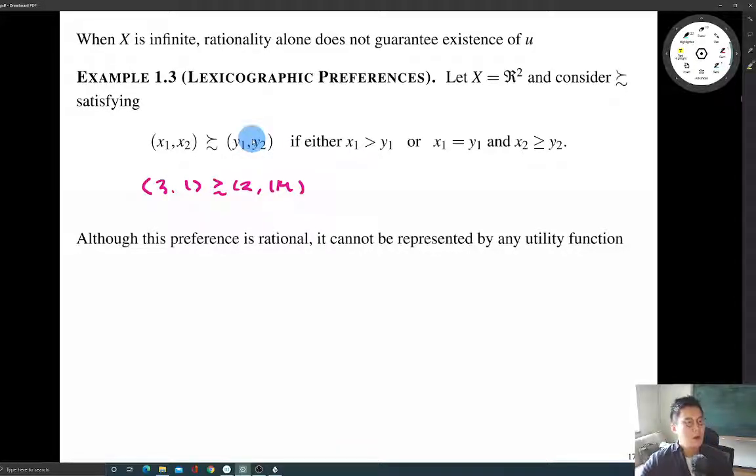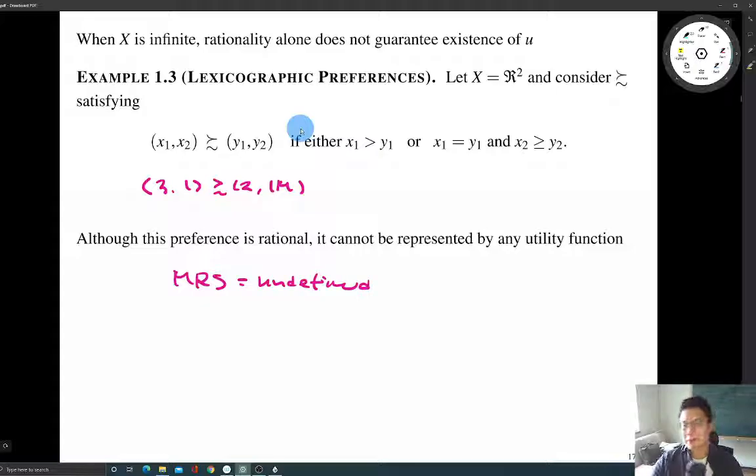One property of this lexicographic preference is, if a consumer has a lexicographic preference, then his exchange ratio of these two commodities, in other words, the marginal rate of substitution, MRS, is undefined.